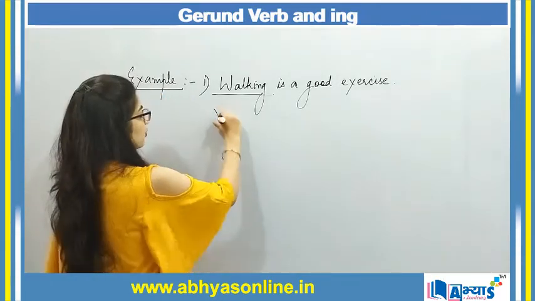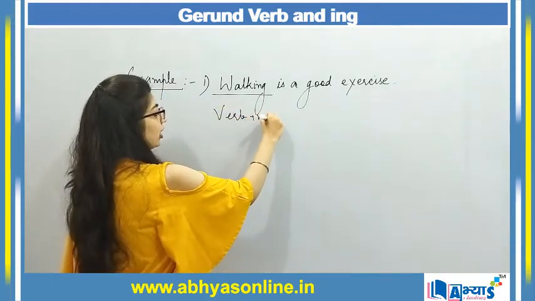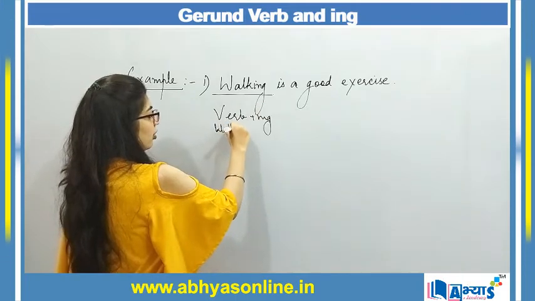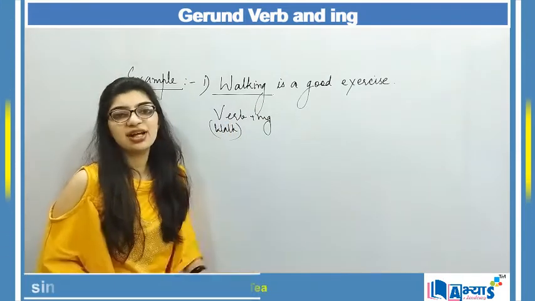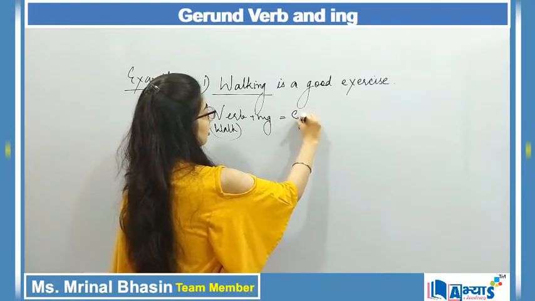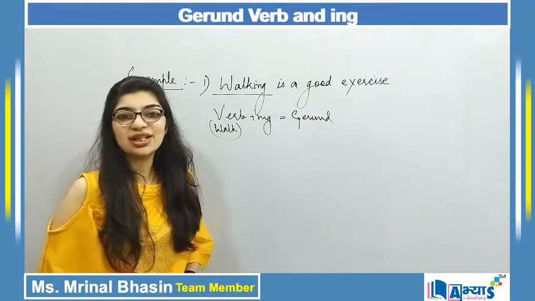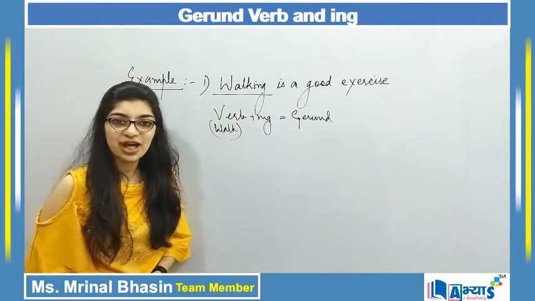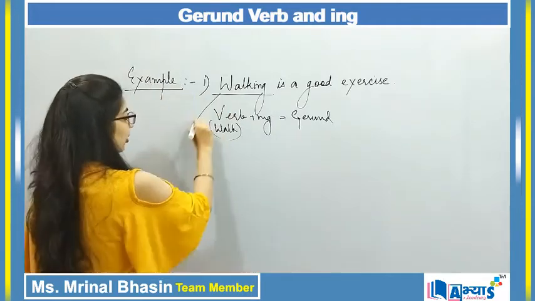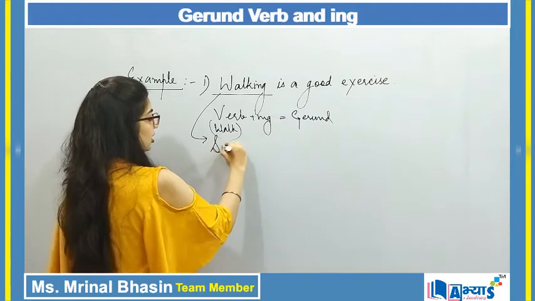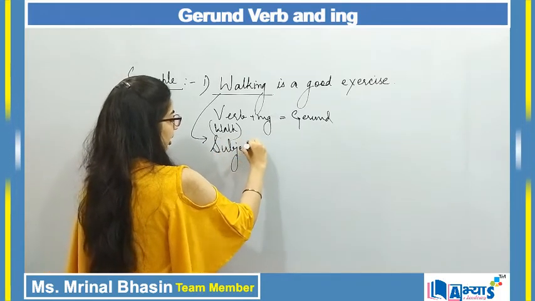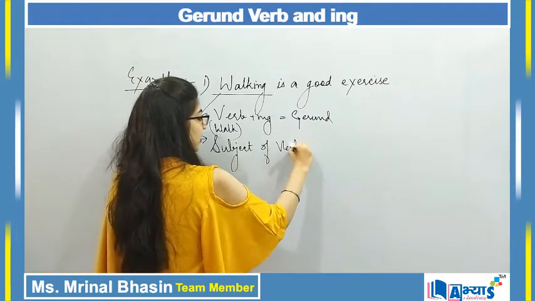Why? Because a gerund is verb plus ing, and here the verb is walk, and walk plus ing is referred to as a gerund. So definitely walking here is a gerund, but walking is also acting as a noun. It has the properties of a noun as well. So here walking can also be considered as the subject of the verb. Why is it considered the subject?